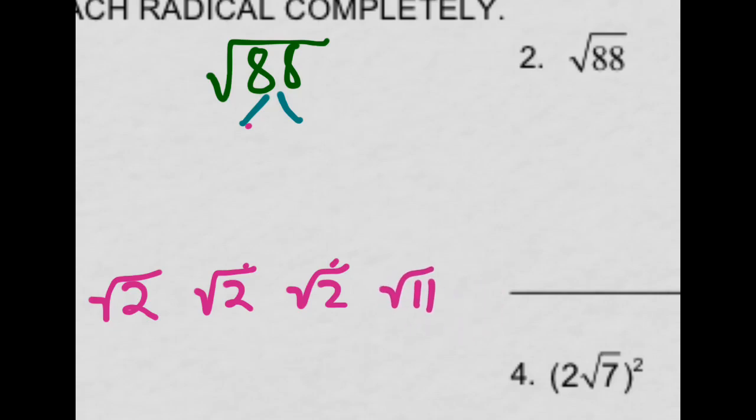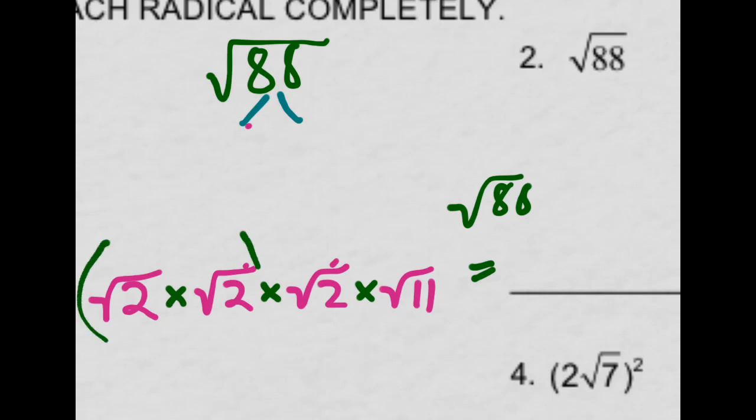And remember that all we're saying is the square root of 2 times the square root of 2 times the square root of 2 times the square root of 11 equals the square root of 88. That's what all these factors mean, right? Okay, so we know that the square root of 2 times the square root of 2 is just 2, times the square root of 2 times the square root of 11.